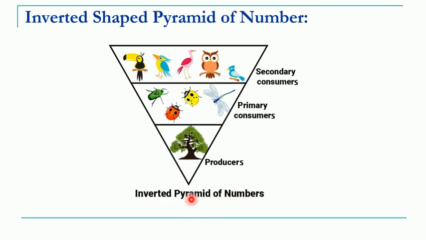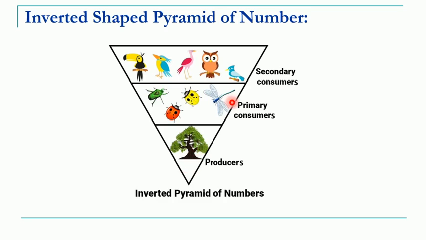So here the producers are few in number, so it forms the tapering base. Now these will give food to many consumers. So these consumers will be in the form of herbivores. Different insect species could be there which are dependent on these trees.